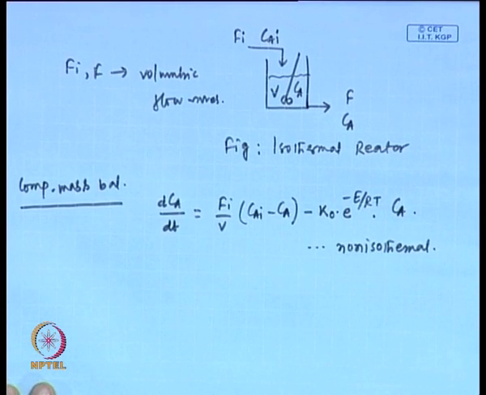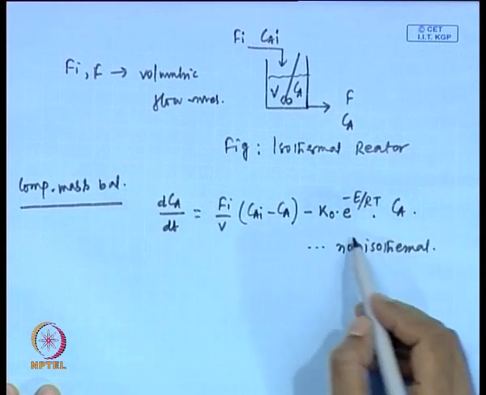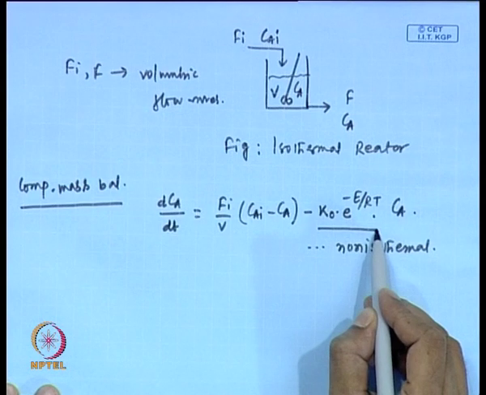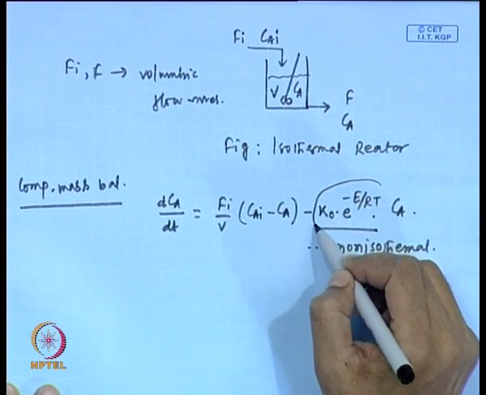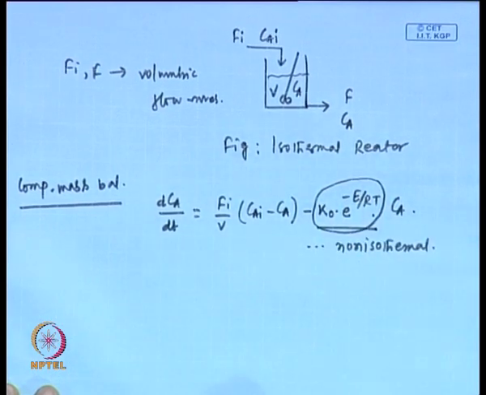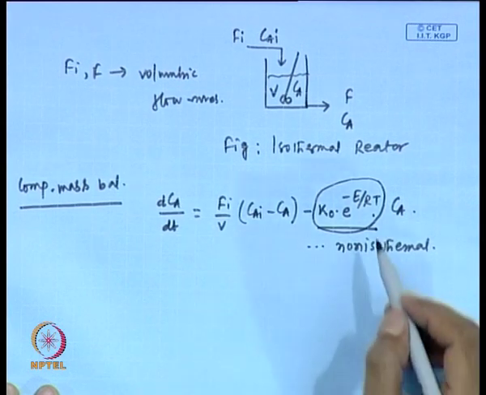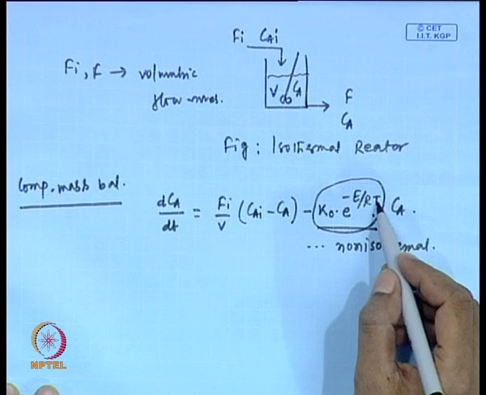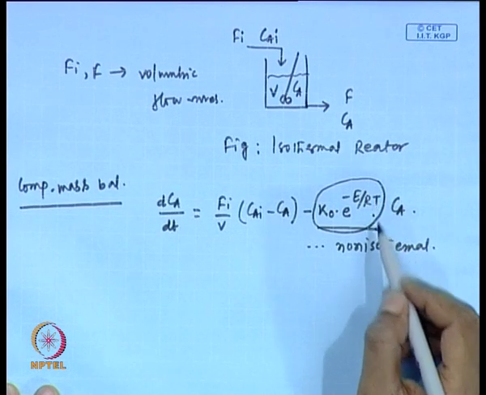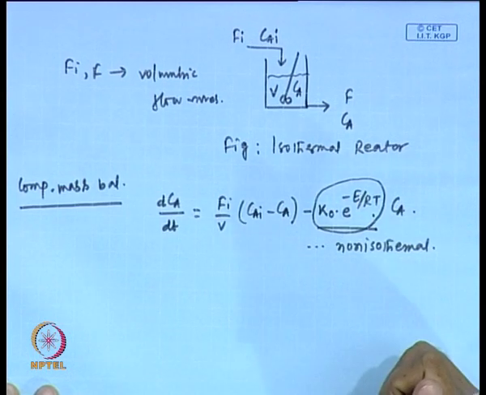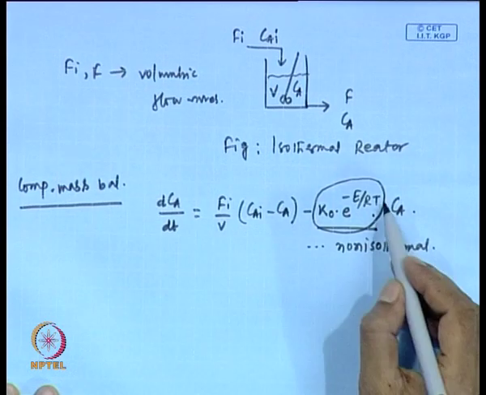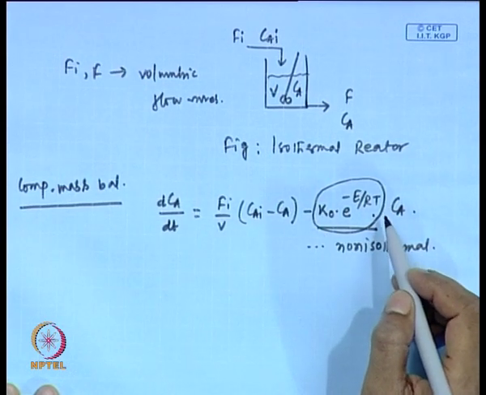How can we represent this equation for the case of isothermal CSTR? See, this whole term is basically K, isn't it? And in this term you see temperature is there, since the case is non-isothermal. If we consider the isothermal CSTR, the temperature is constant. So, this whole term becomes constant.